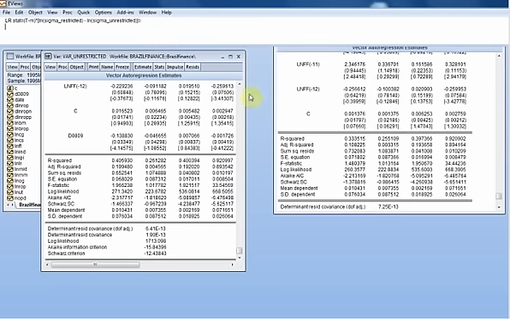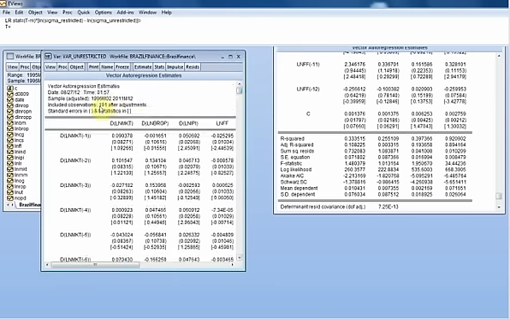Now my T is equal to, what was T? 191. Let me double check this. Yes, the number of observations after adjustments is 191. My M will be equal to the number of equations times the number of lags plus the intercept.